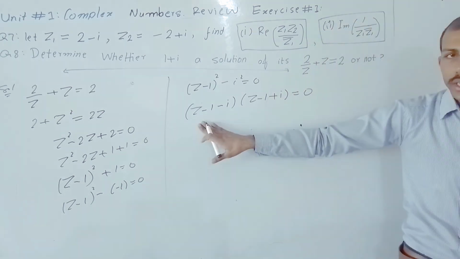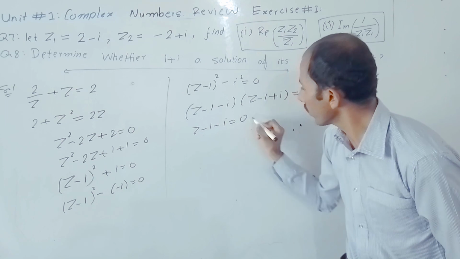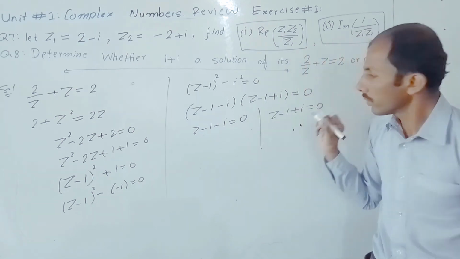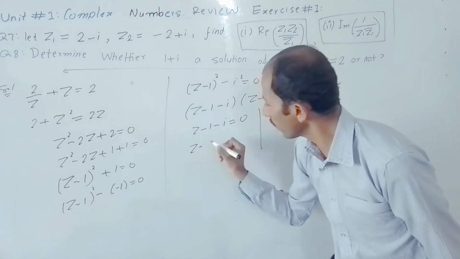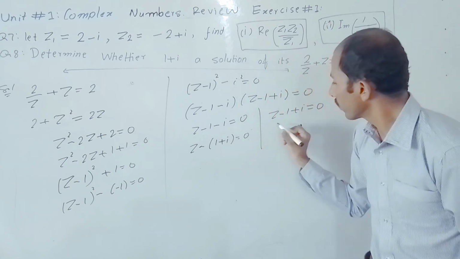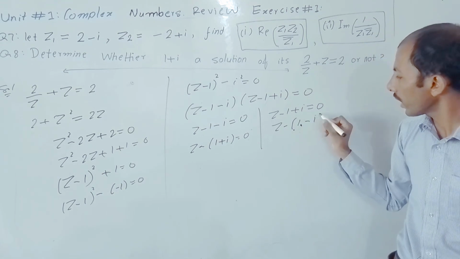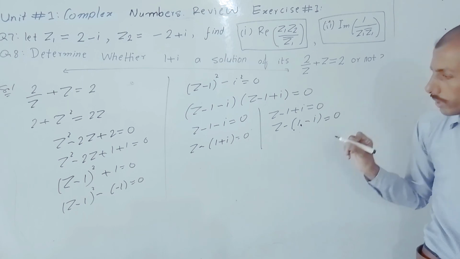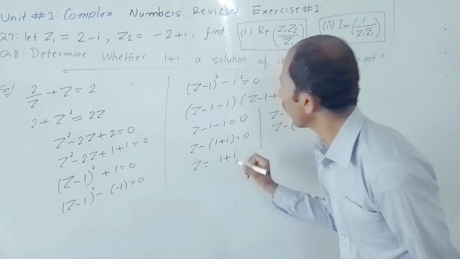So next z minus 1 minus iota equal to 0 and z minus 1 plus iota equal to 0. So taking z common, z is equal to 1 plus iota.